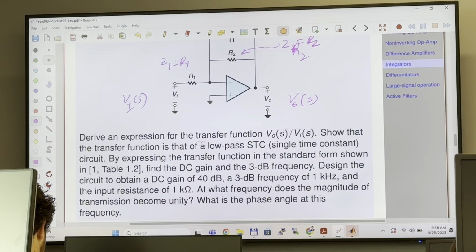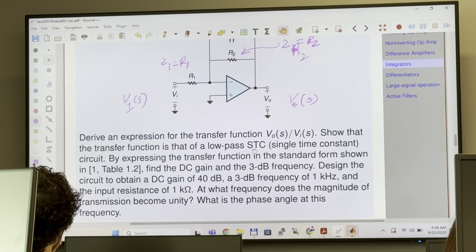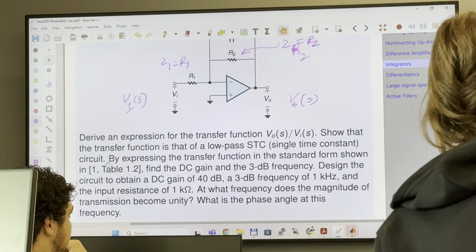Derive an expression for the transfer function V out of S over V in of S. We actually did the first part. Show that the transfer function is that of a low pass STC, single time constant.